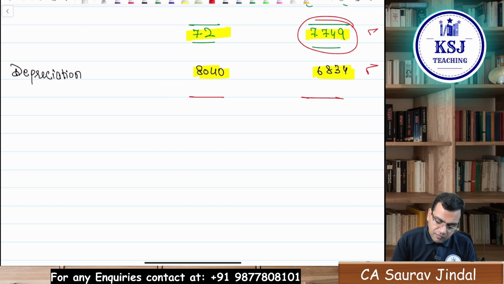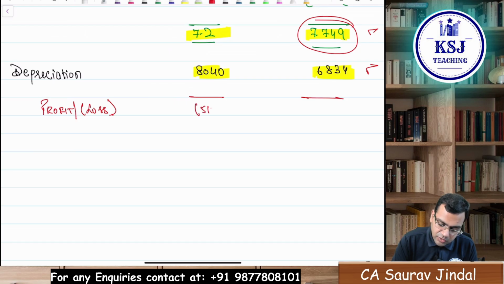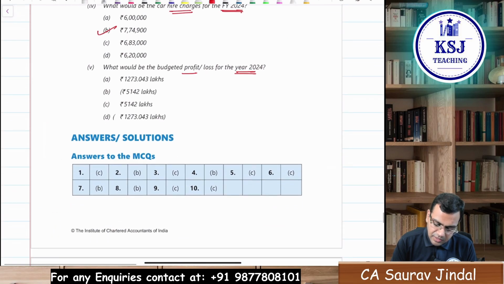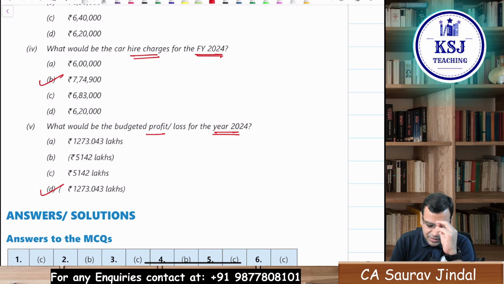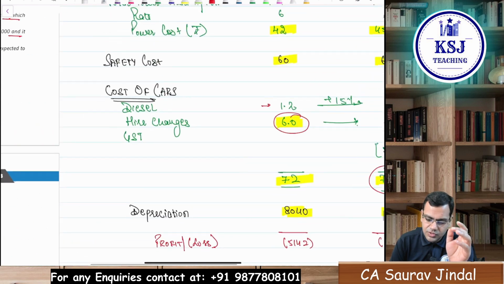So in the year 2023, you will get a loss of 5142. In the next year, you will get a loss of 1273.073. In both the years, it is a loss, right? So it is option D. It is a loss of 1273.07, 043073. That is because of decimals. That's totally fine, right? No issues.